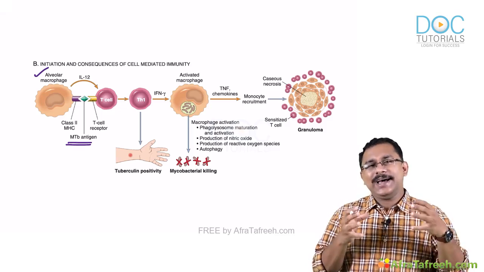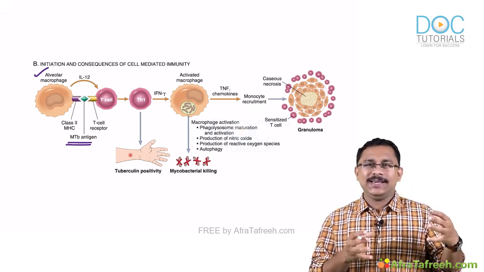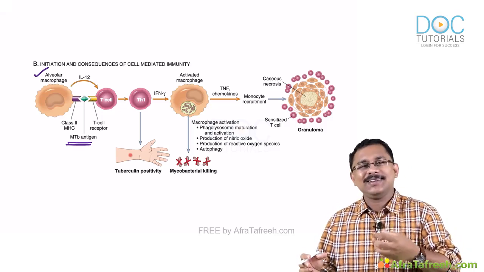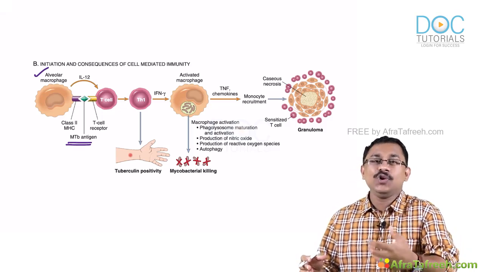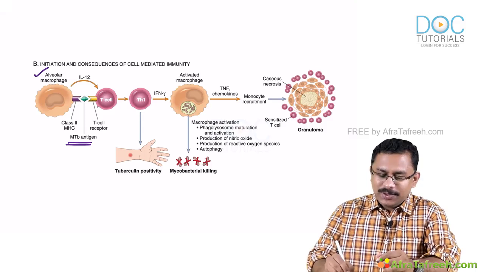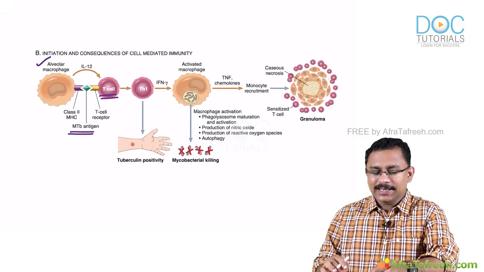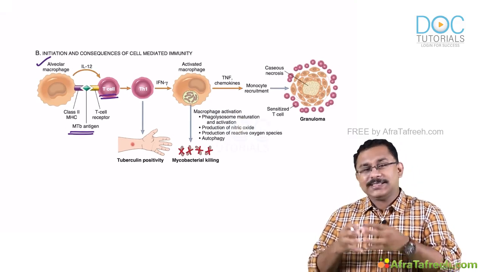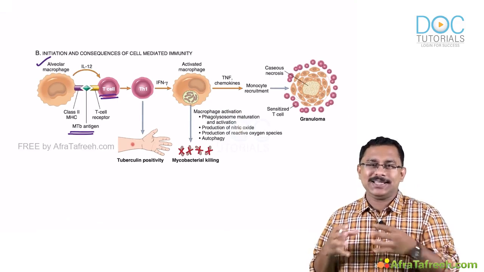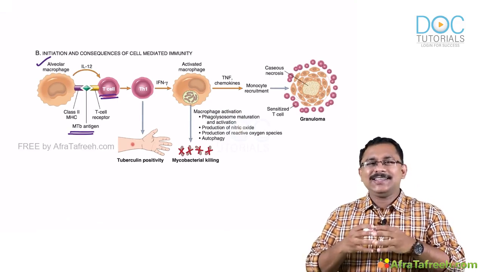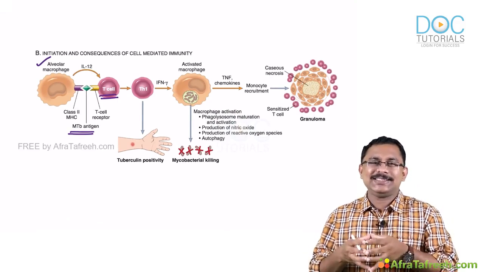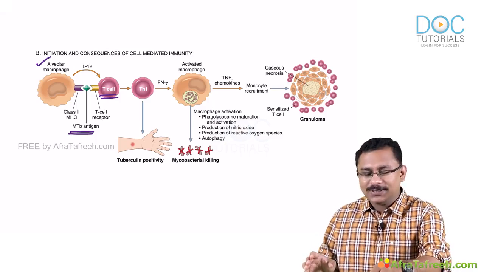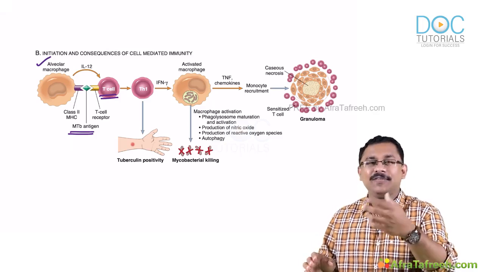So what these alveolar macrophages will do is first present this antigen to your T cells. You can see here you have the T cells, and your alveolar macrophages are presenting the antigen to the T cells. When an antigen is presented to the T cells, what will naturally happen is activation of T cells.